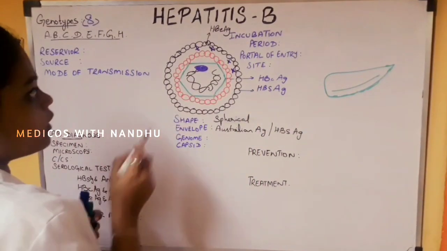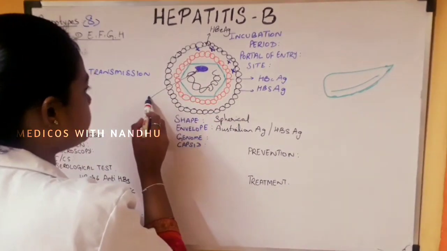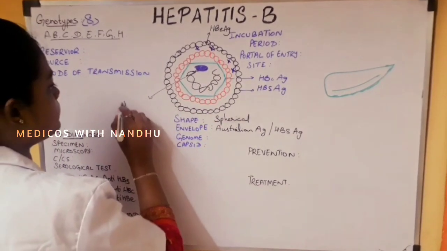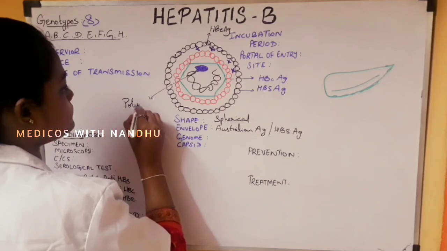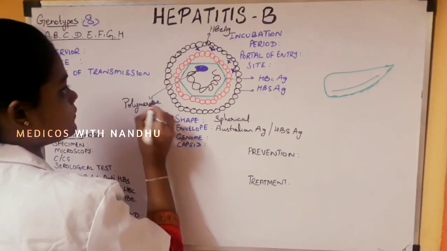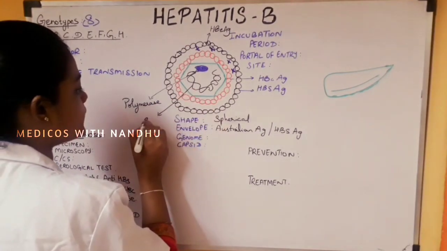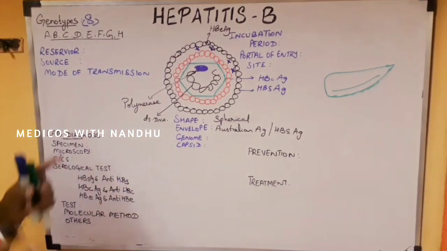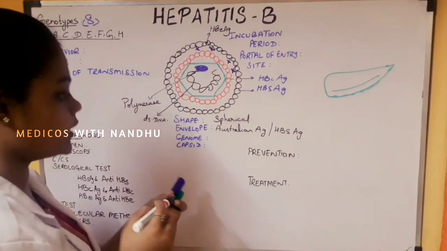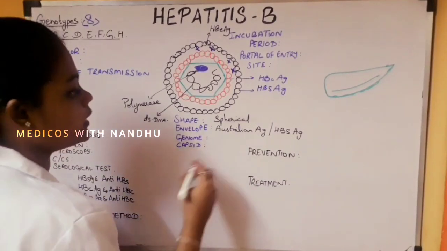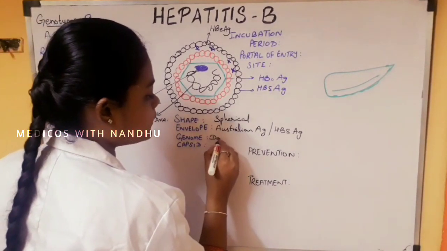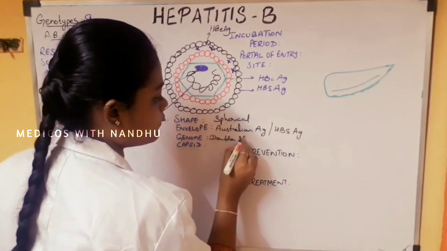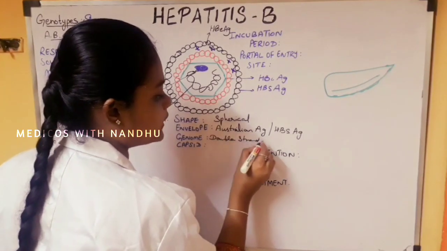Okay, and this is the DNA polymerase, and this is the double stranded DNA. So this is the structure, and the genome will be double stranded DNA.